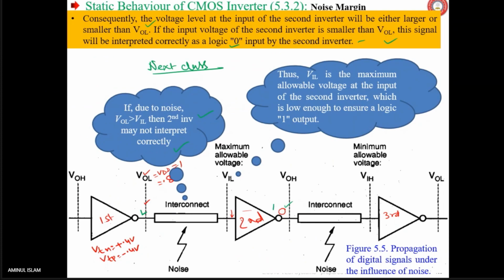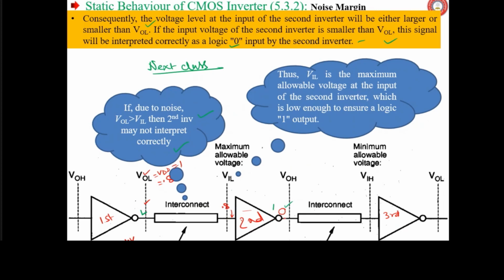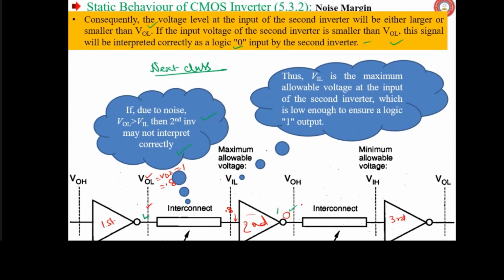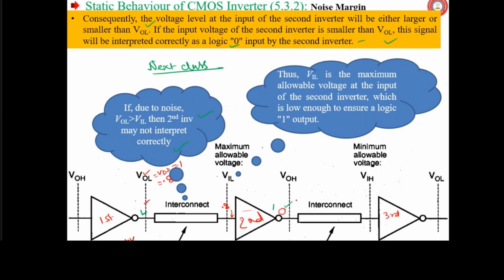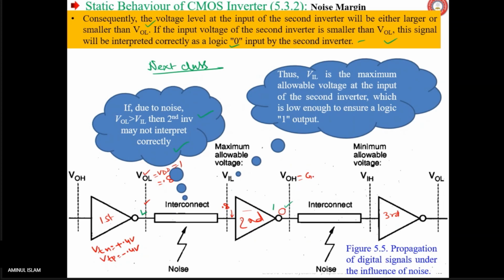Okay, but if 0.8 volt you are applying here as high, then no problem. It may give zero output. VOH ideally should be 0, but it may be a little more also. VOH ideally ground or 0, but maybe we can assume that its value is 0.2 volt.